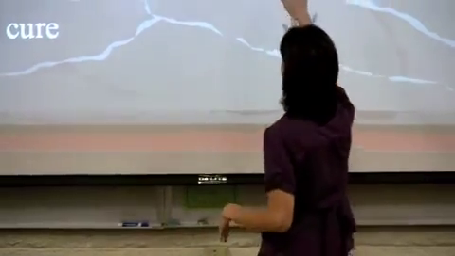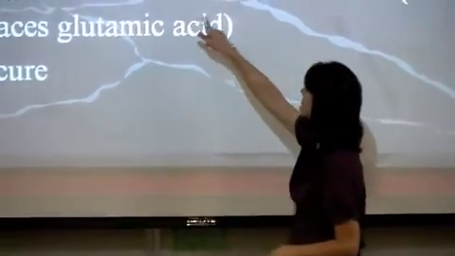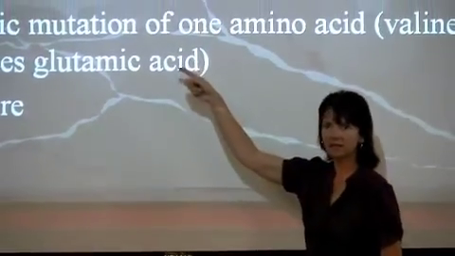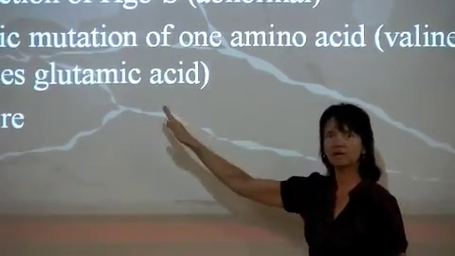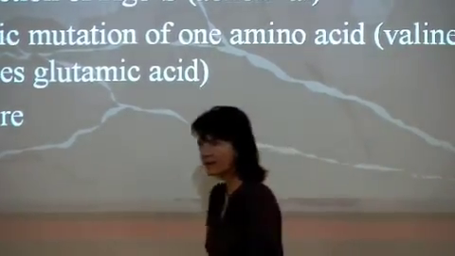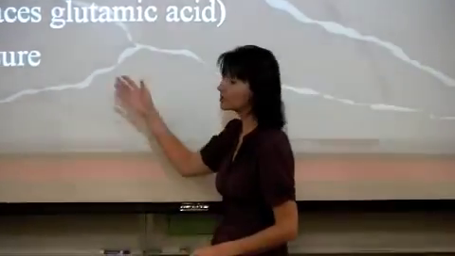Can people become carriers? They can become carriers, but in order for it to present as a disease in an individual, it must come from both parents. Production of hemoglobin S, which is abnormal. Genetic mutation of only one amino acid in the chain. Does it blow your mind? Amazing. No cure for this.